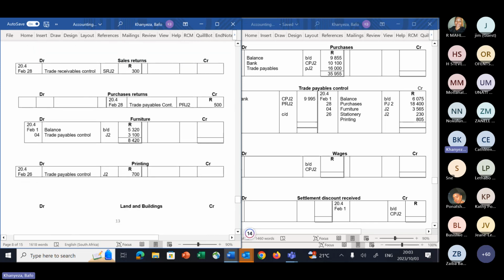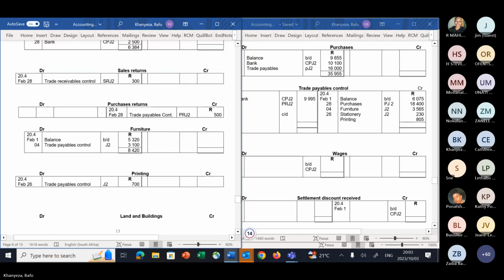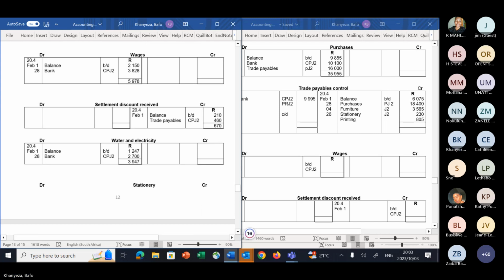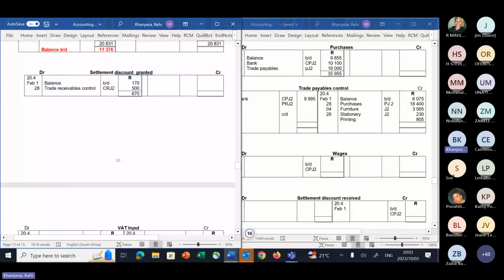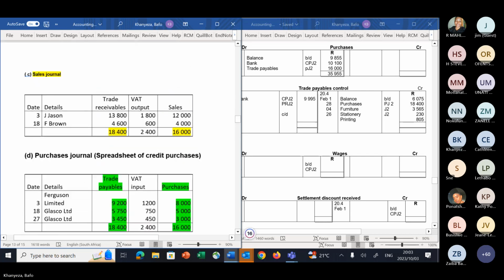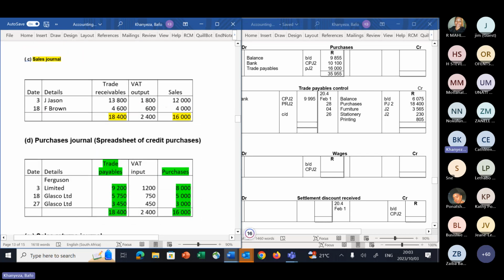Like if you just return something to a retail store, these are purchases returns.